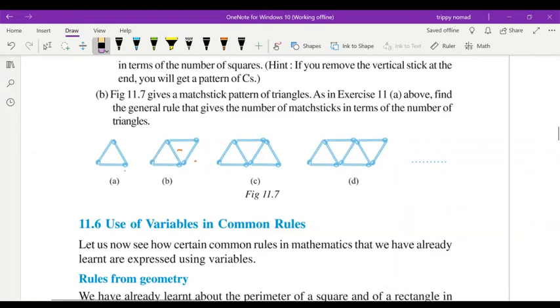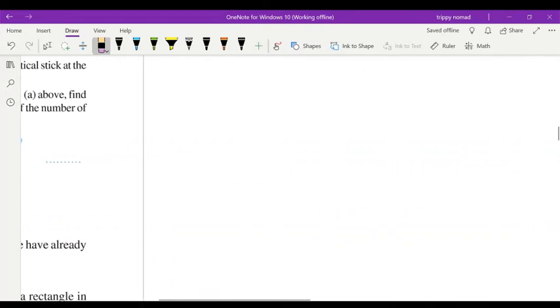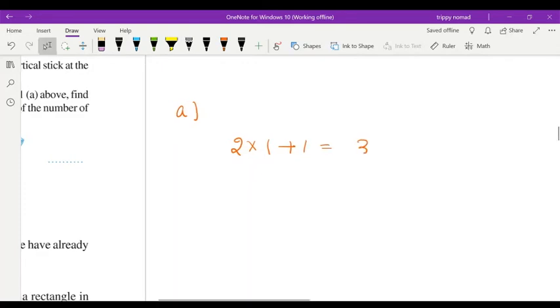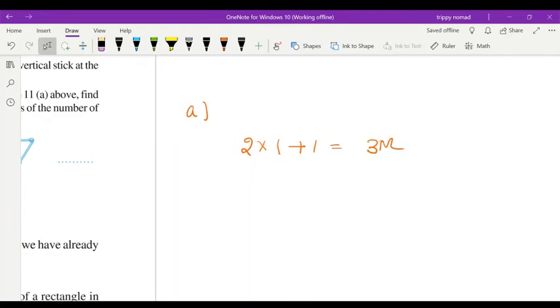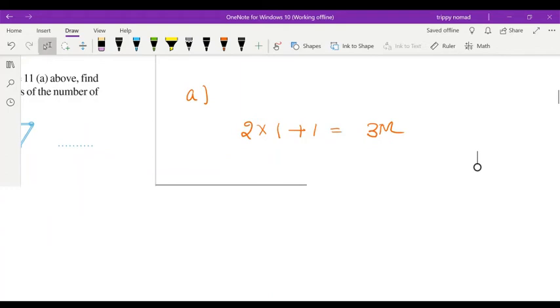Here I am showing you in the first figure A, that is 2 into 1 plus 1. That is 3 matchsticks. I am writing in short 3 matchsticks.